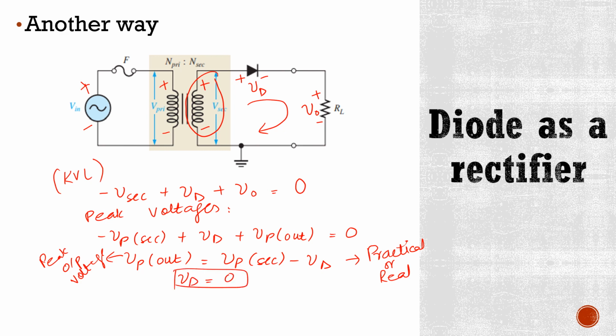It means now this equation of peak output voltage will be Vp out is equal to Vp sec. Okay, in case of ideal diode. So this is how you will analyze a transformer coupled half-wave rectifier.